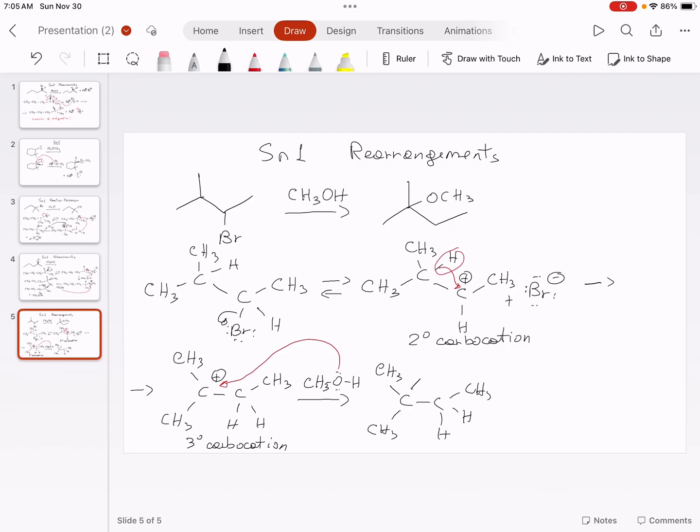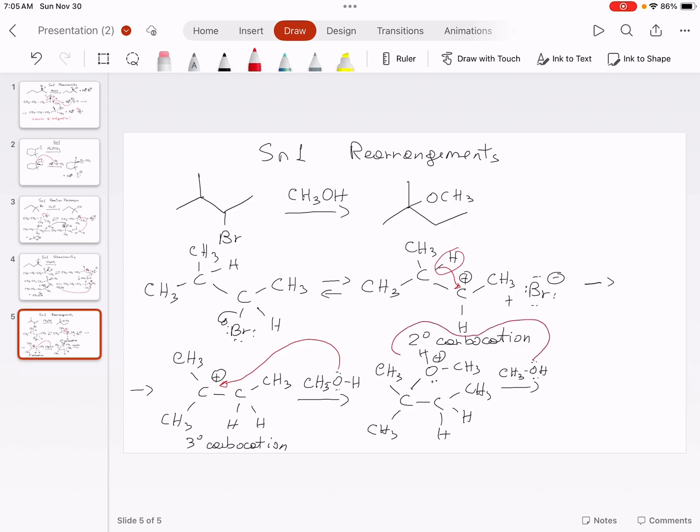A new bond forms between the oxygen of the methanol, and then we do the final step, where another molecule of methanol deprotonates.